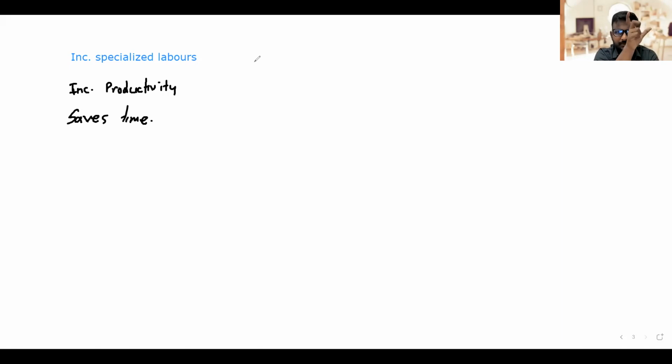They will understand, this is what I do, this is the output I get, this is the process I'm going through, but I think I can do it in a better way. New machinery and inventions come in because of this division of labor. Someone who is specialized in a certain thing will think, this part I don't have to do. The same thing I can do in a short time by doing it another way, using another machine. So those inventions and new machines come in as a result of division of labor.